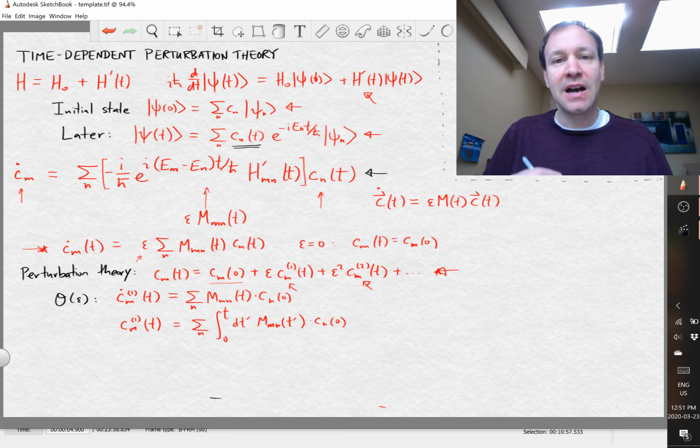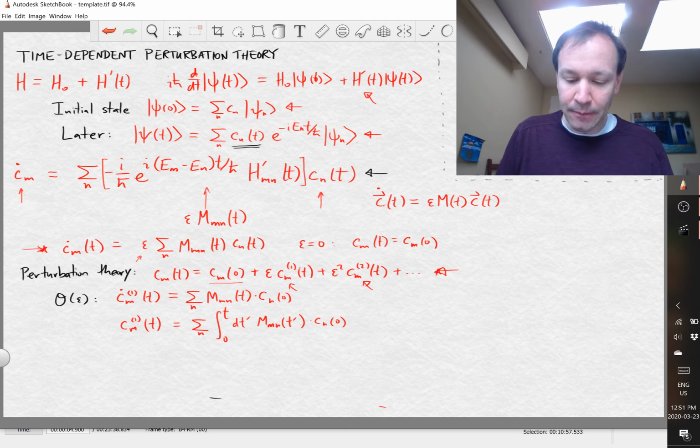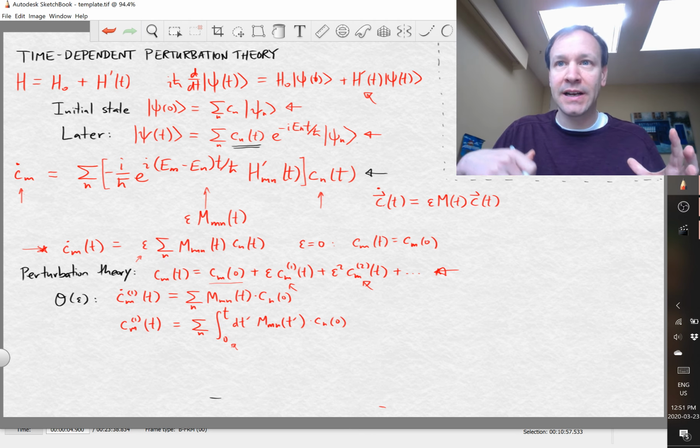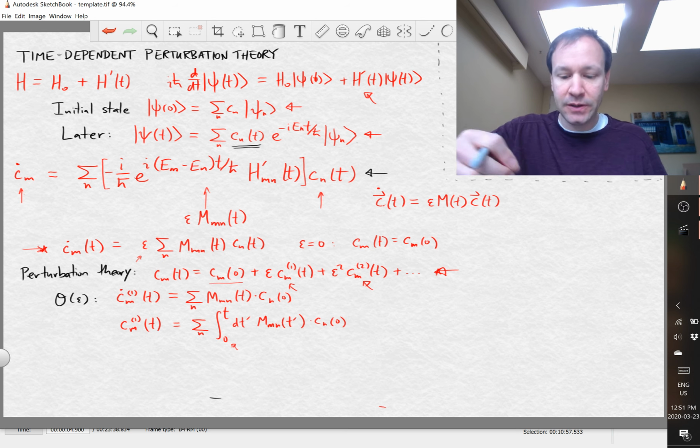Now, in general, we could have some integration constant, and that would be equivalent to choosing the lower end of this integral. So we can make different choices for that.